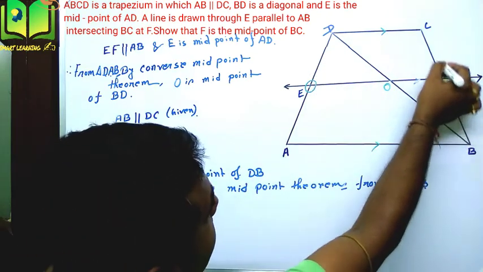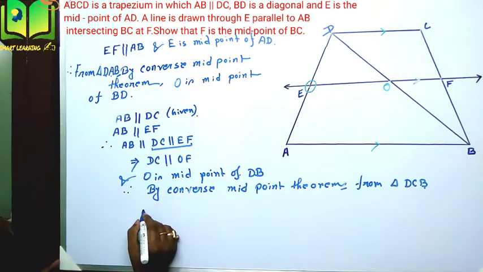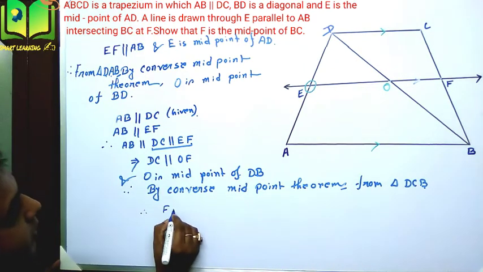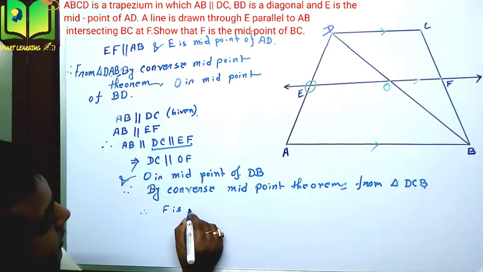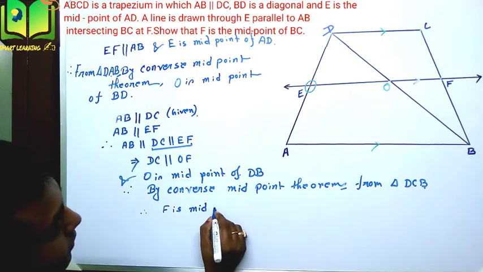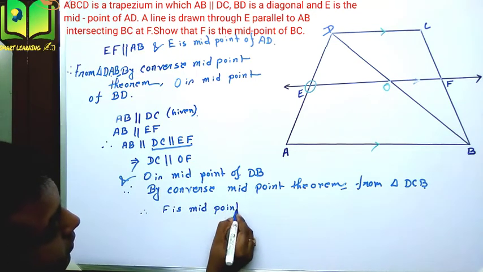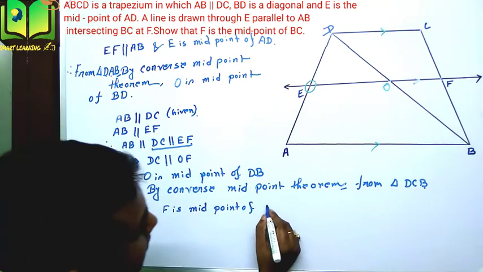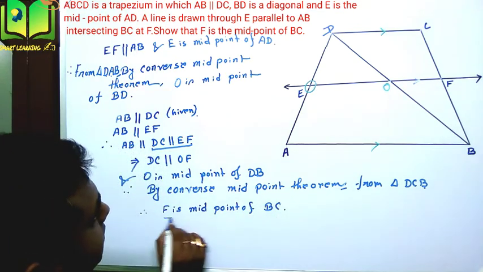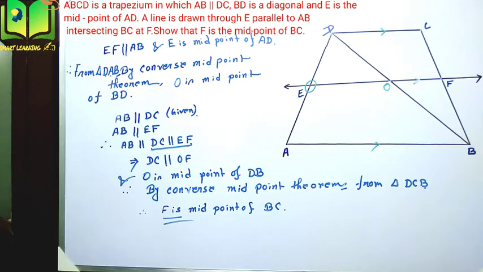Therefore, by the converse midpoint theorem, from triangle DCB, as DC is parallel to OF and O is the midpoint of DB, definitely F is also the midpoint of BC. So this is proved. I hope you can understand.